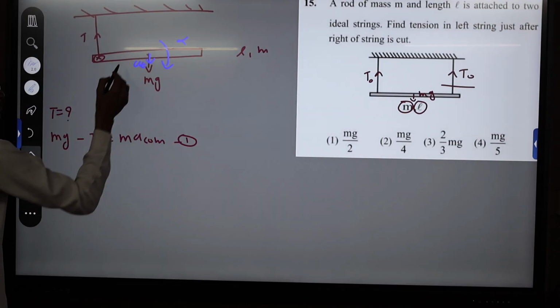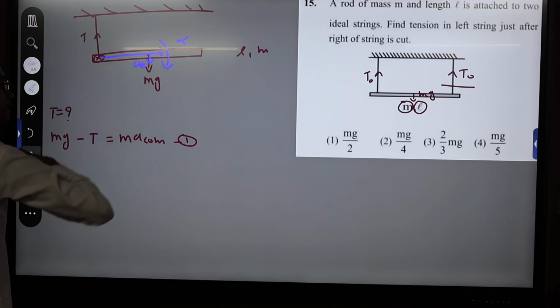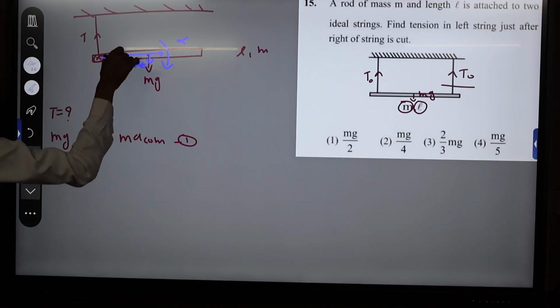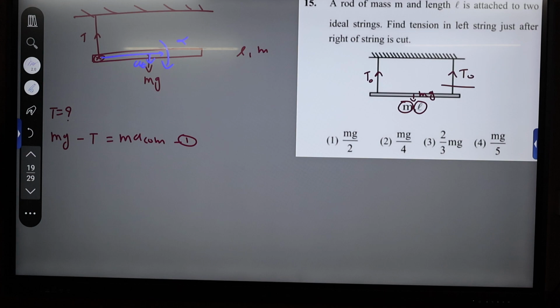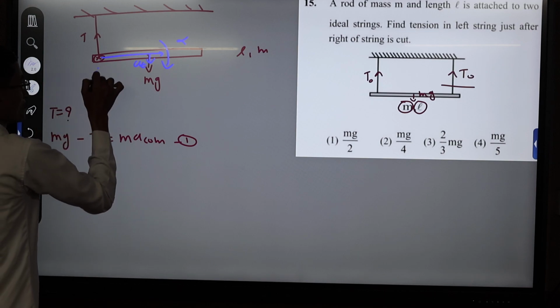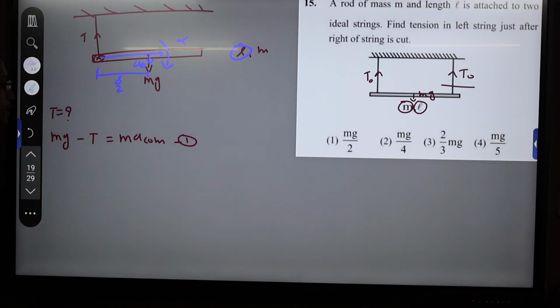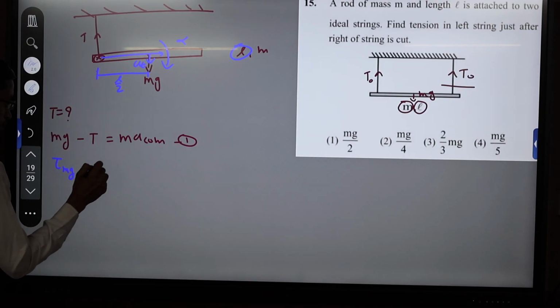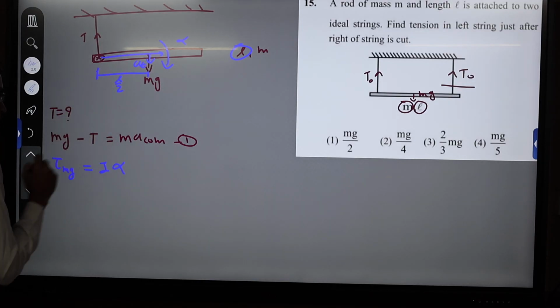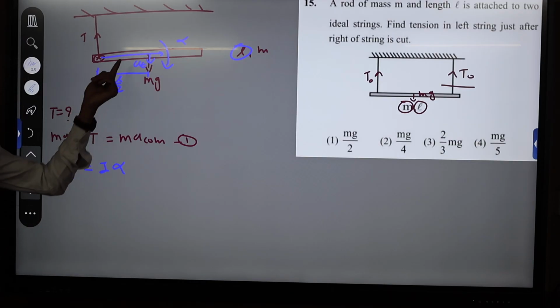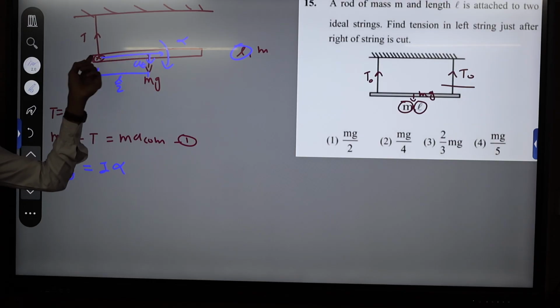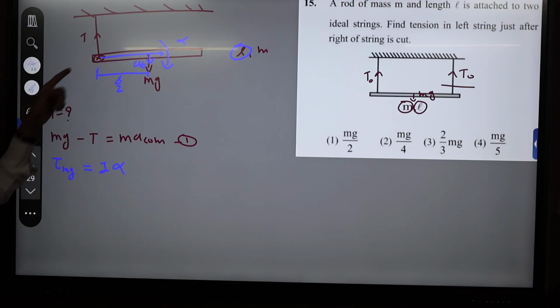So there will be only Mg acting downward, and this Mg will rotate the rod. The distance from this point to Mg is L by 2 because the full length is L. So the torque of Mg is equal to I alpha, where I is the moment of inertia of this rod about this point, because the rod rotates about this point.